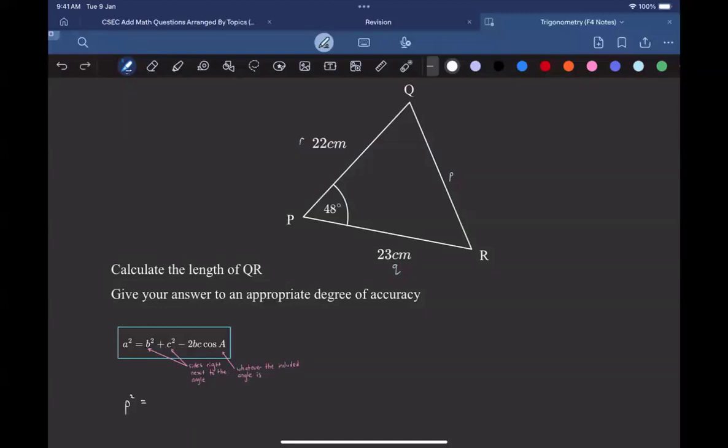What are the sides next to the angle in this case? Q and R. So I'm going to write r squared plus q squared minus what?